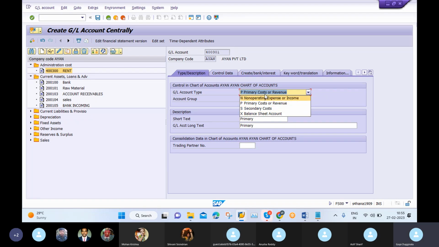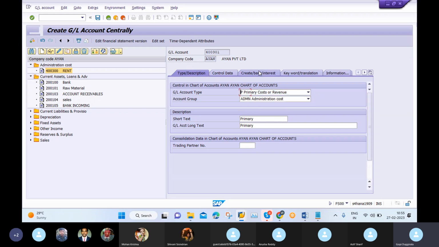But here you can see in this area how many we have? 4. If you go with the 2021 version, then you will get 5. Cash account also comes into the picture. So this is the difference between ECC and SAP S/4HANA, right?